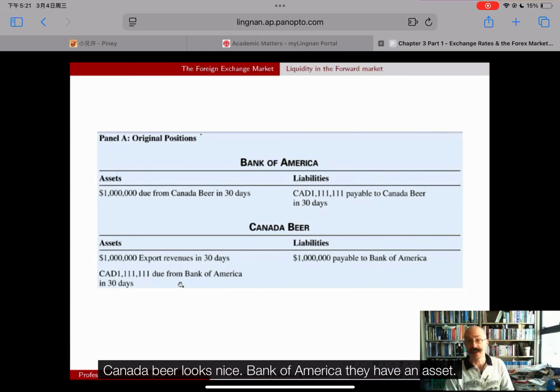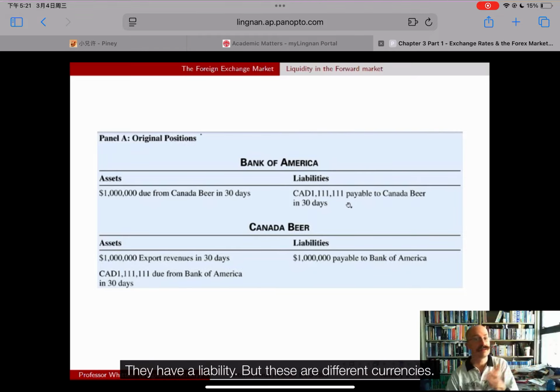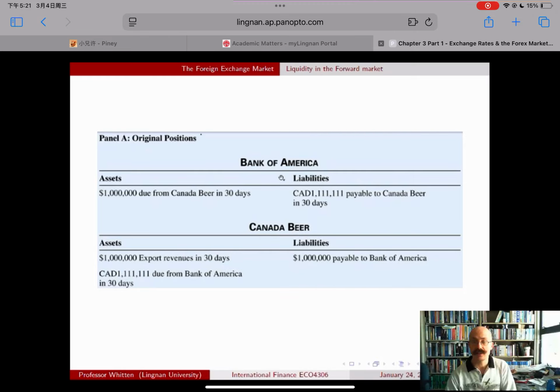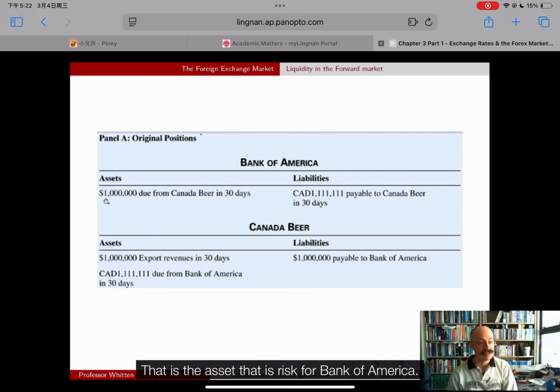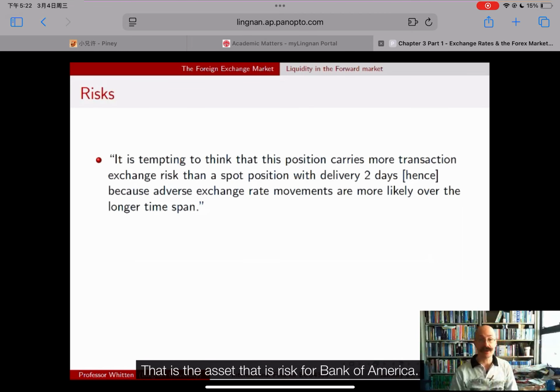Canada Beer looks nice. Bank of America has an asset and a liability, but these are different currencies. What if this liability becomes worth more in terms of US dollars than the asset? That is risk for Bank of America.